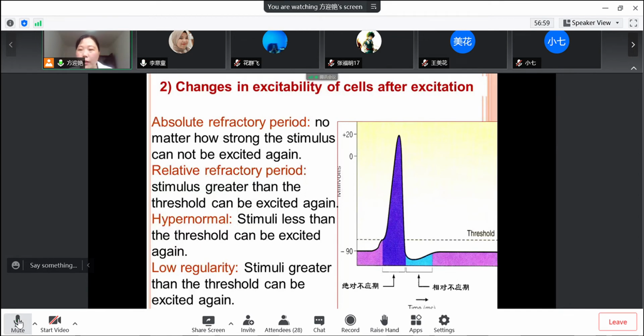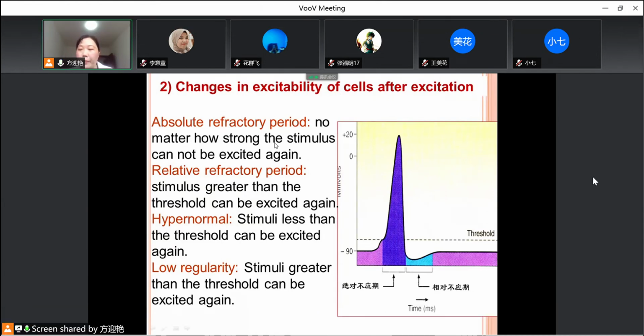No matter how strong the stimulation, the cell cannot be excited. It means that during this period the excitability is equal to 0. Understand?